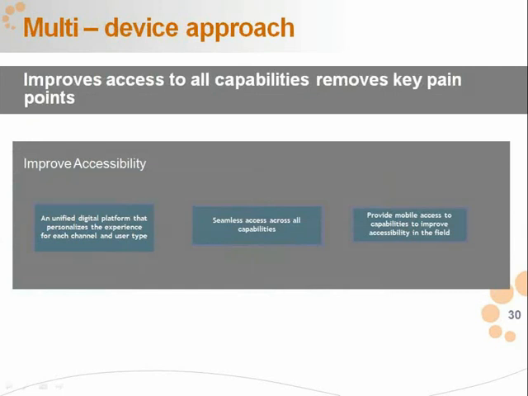Going to multiple devices is not new. A lot of insurance providers are taking to different devices. But the important thing here is that you need to have seamless experience and seamless capabilities across the different devices that you plan to go to.